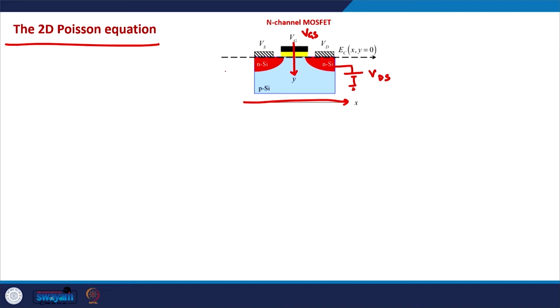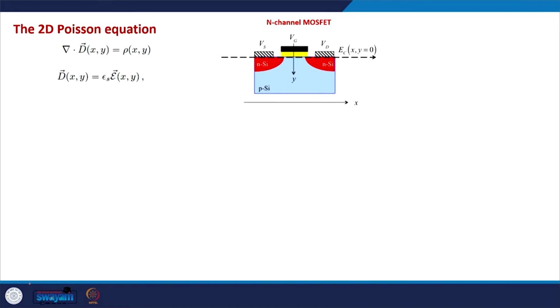In smaller devices, we have already seen that the electric field both along the channel and perpendicular to the channel are important, and that is why we need to consider the 2D electrostatics or 2D Poisson equation, where we write the Poisson equation by considering the charge distribution in both x and y directions due to the electric field in x and y directions. So, the 2D Poisson equation looks like this.